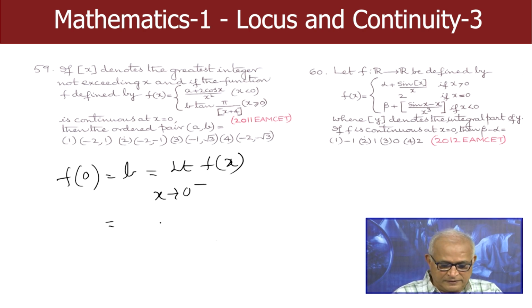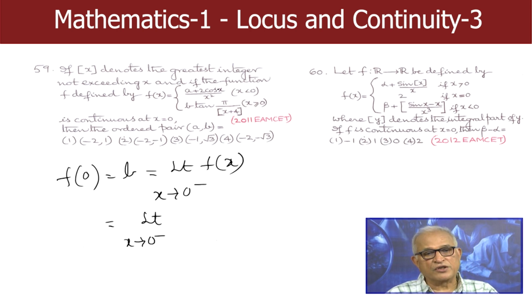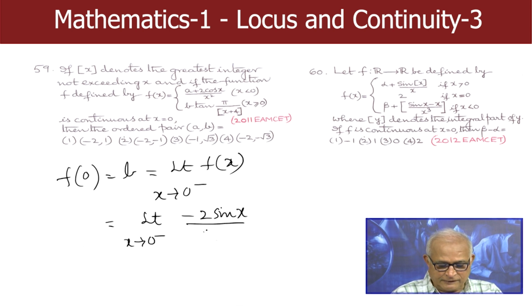Well, the limit as x tends to 0 minus of (a plus 2 cos x) by x square. Let us apply L'Hopital's rule: minus 2 sin x by 2x. So, 2 can be cancelled, this is minus 2.